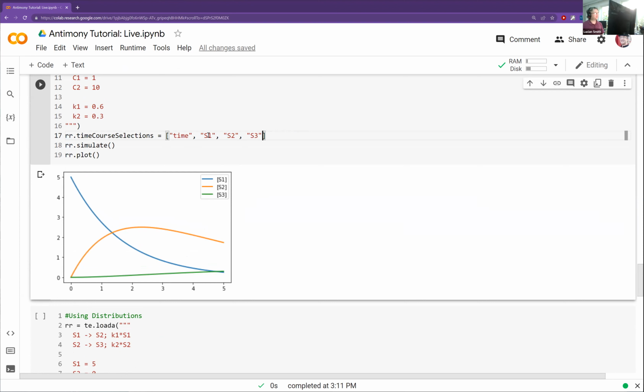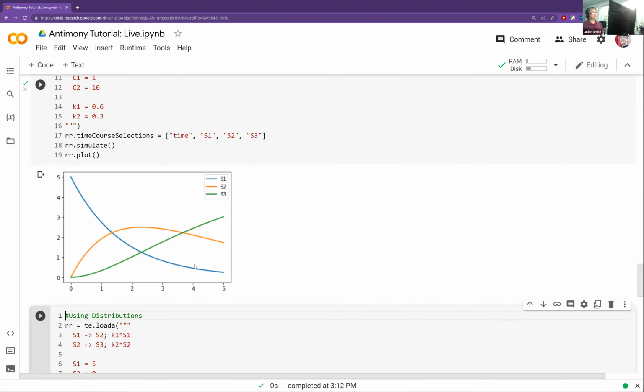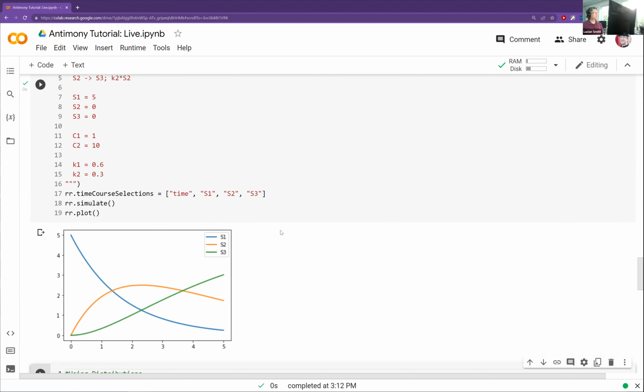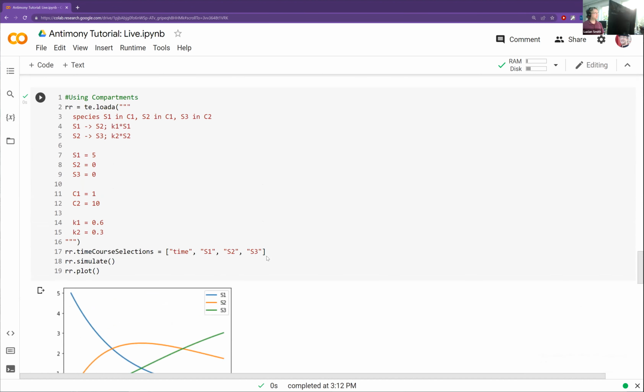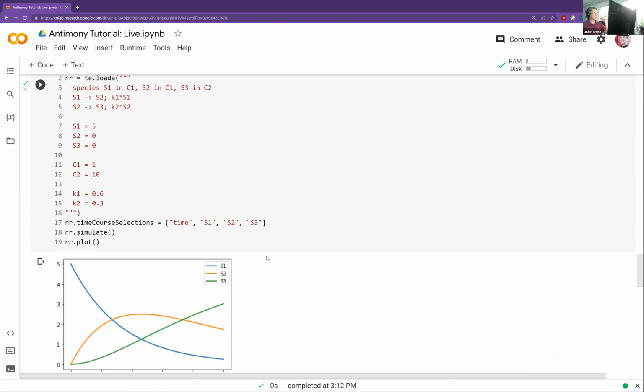But if I tell it just plain S1 and plain S2 and plain S3, then that treats it as amounts. And if I do that, the amounts are exactly the same as they used to be, even though the concentrations have changed. So the total amount of everything is the same. But if the compartments were different sizes, then the concentration can change like that. Let's comment that out again.